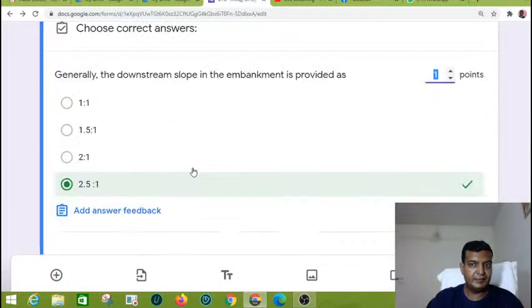So the answer is D, and that is 2.5 is to 1.